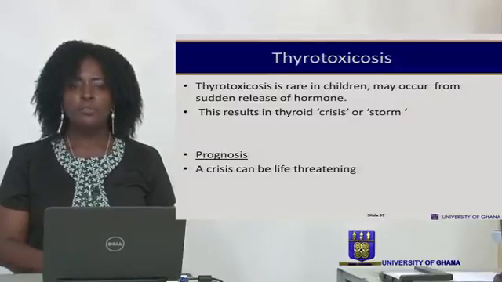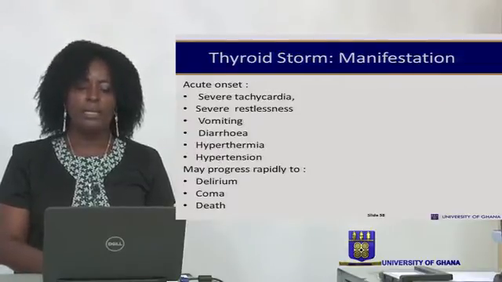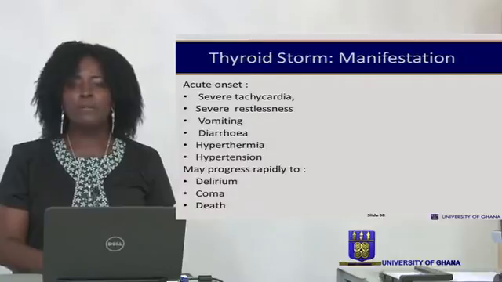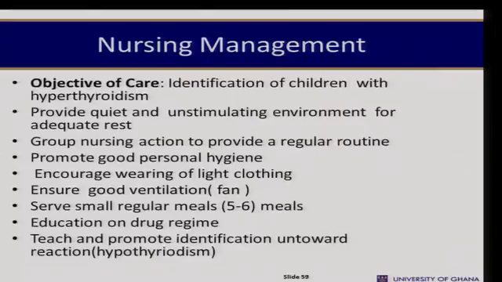It puts the children in crisis, what we call thyroid storm. Some of the symptoms are what I have put on the screen: severe tachycardia, severe restlessness, vomiting, hyperthermia, and coma or even death in severe cases.